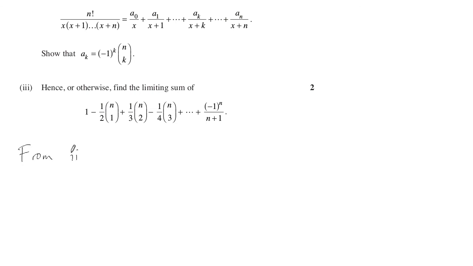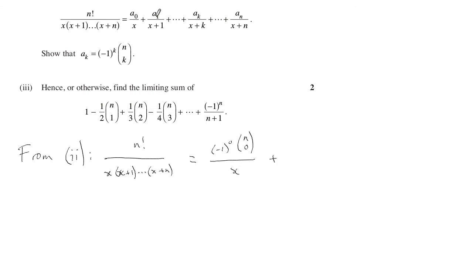So from part 2, n factorial on x plus 1, so on up to x plus n, it's equal to a_0, which is now negative 1 to the 0 times n choose 0 on the x.